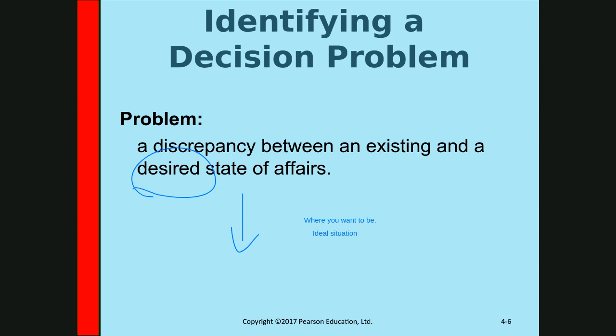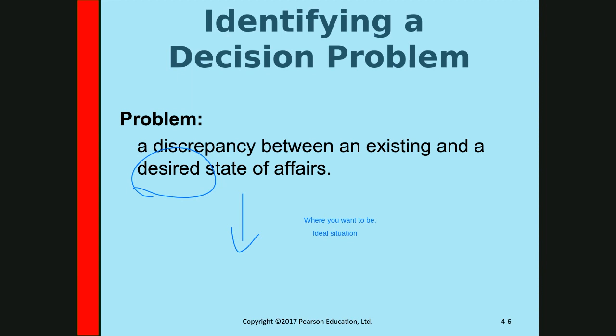So take for example, okay, let's not just use any example. We use the example that is in the next few slides. One of the problems that we can talk about is when your car breaks down.